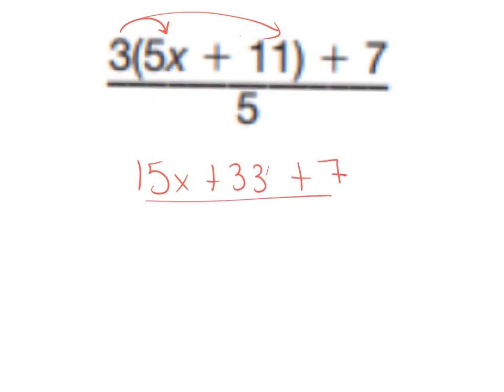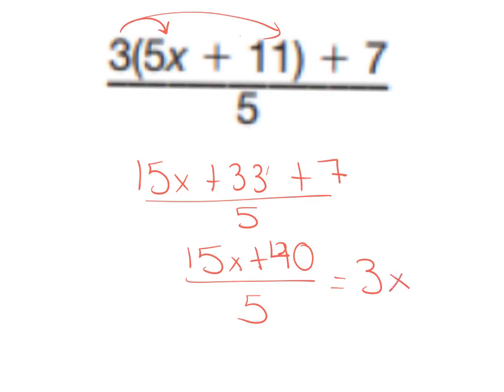This is all over 5 still. So this would simplify to 15x plus 40, and that would be all over 5 again. And now we can actually divide, which simplifies down to 3x plus 8. So all that work to get to this simple answer.